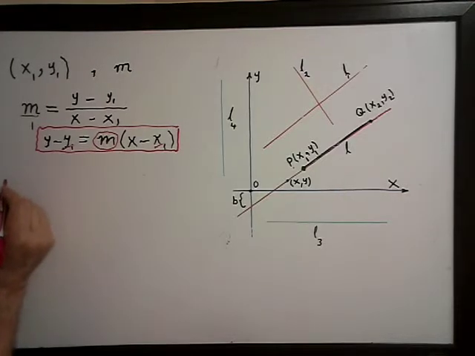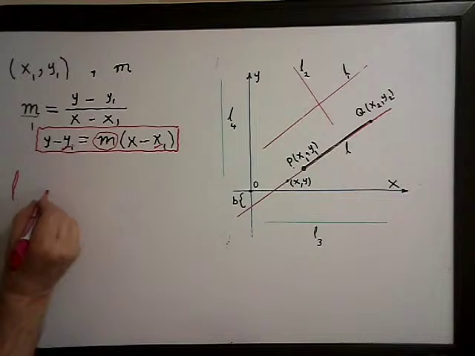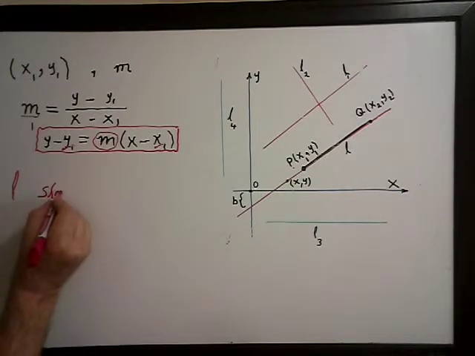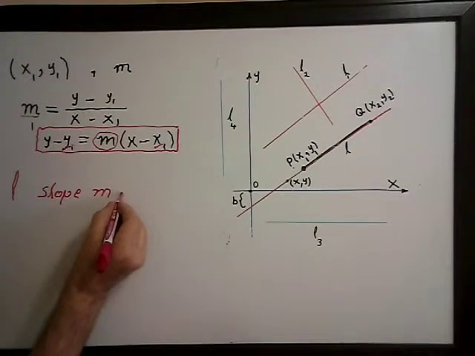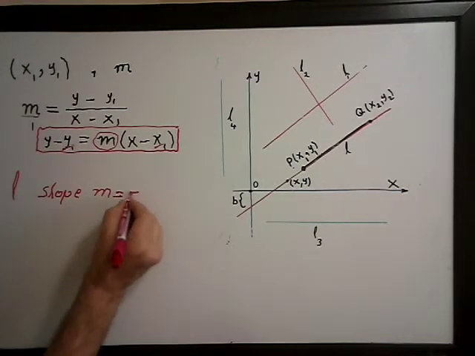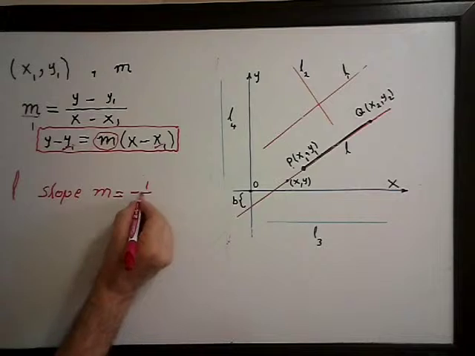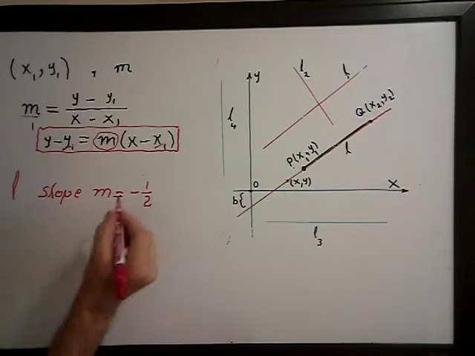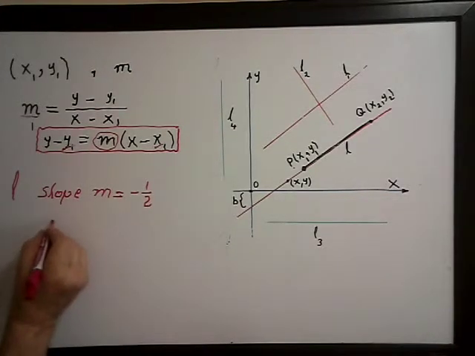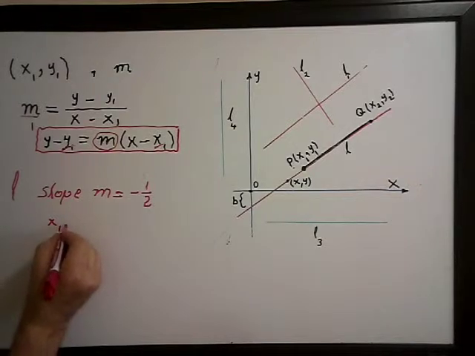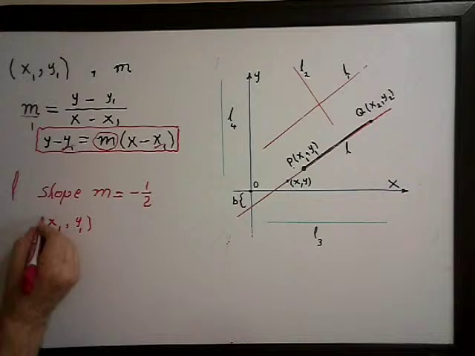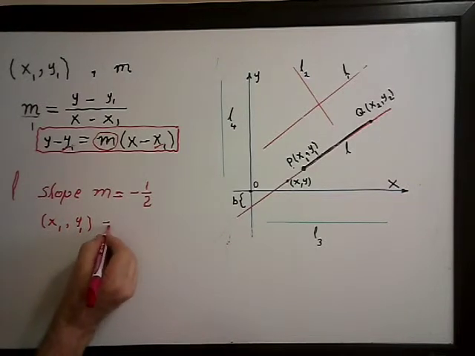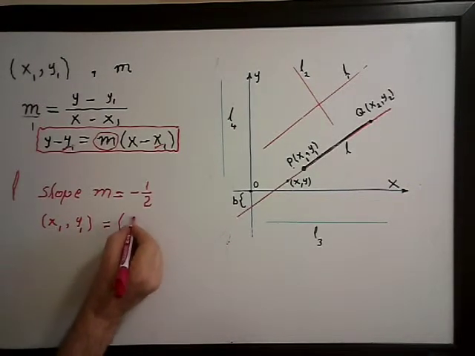Write an equation for line L with a slope m equal to negative 1 over 2, and has a point x1, y1 equal to 3 and 4.